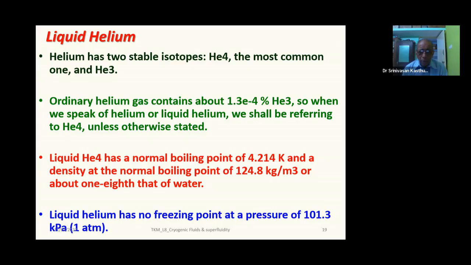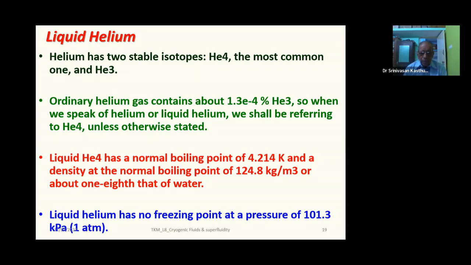Helium-4 has a boiling point of 4.214 Kelvin and a density of about 124.8, that is 125 grams per liter of liquid, which is almost 1/8 that of water. It has no freezing point. Okay, helium is a very peculiar liquid.